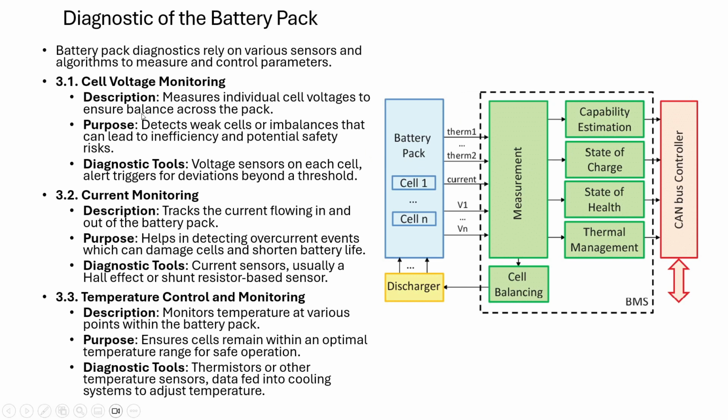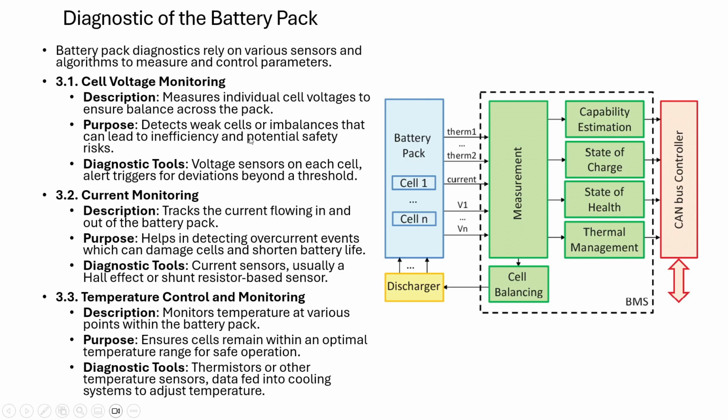So this BMS uses various sensors and algorithms to measure and control the parameters in the system. Number one, cell voltage monitoring. It measures individual cell voltage to ensure balance across the battery pack.